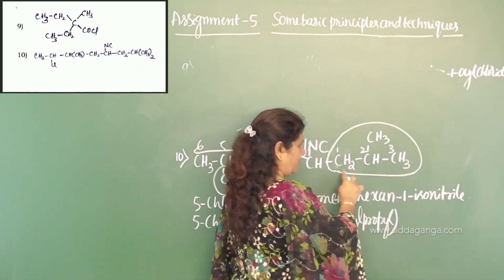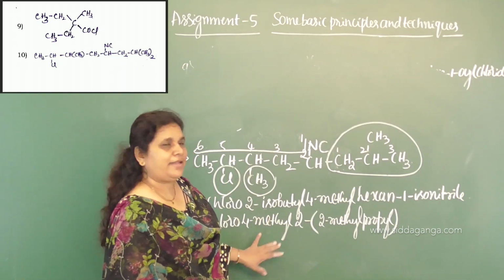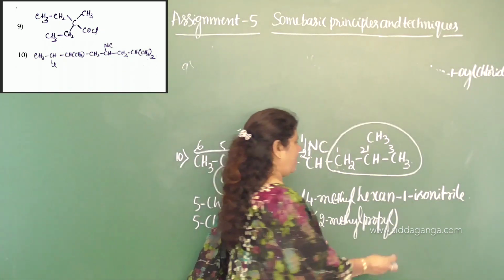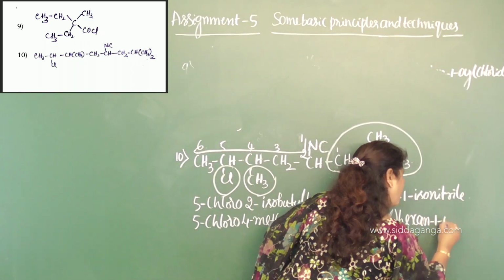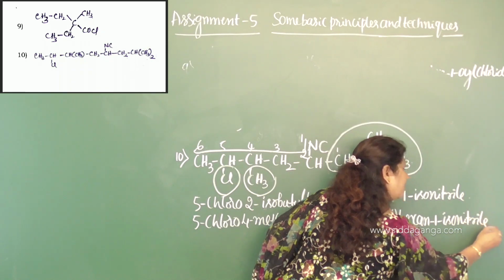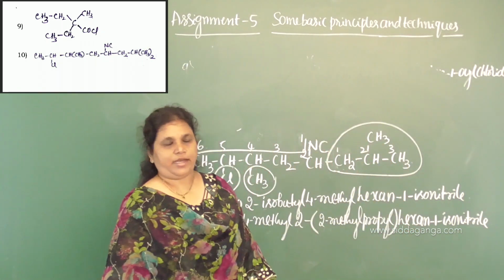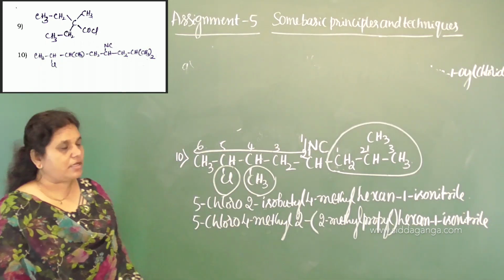We need to give the name of the branched alkyl in parentheses, then hexane, 1-isonitrile. So that is the IUPAC name of the last compound.